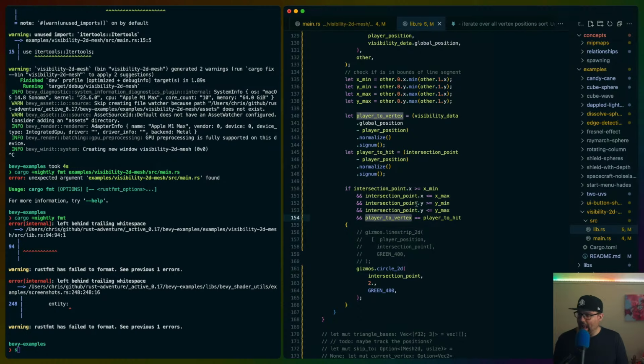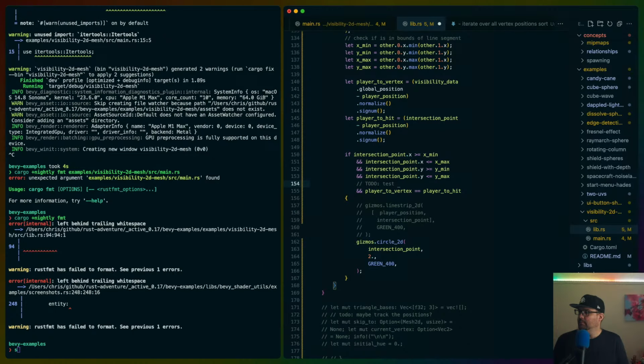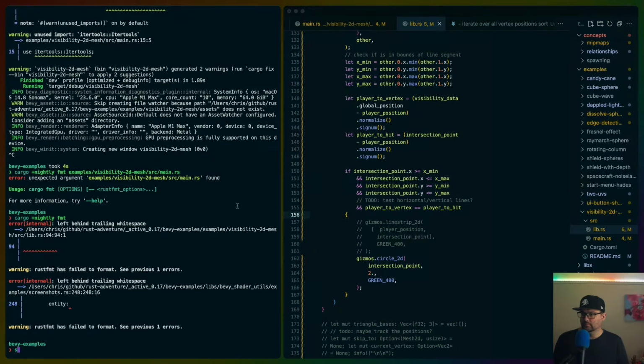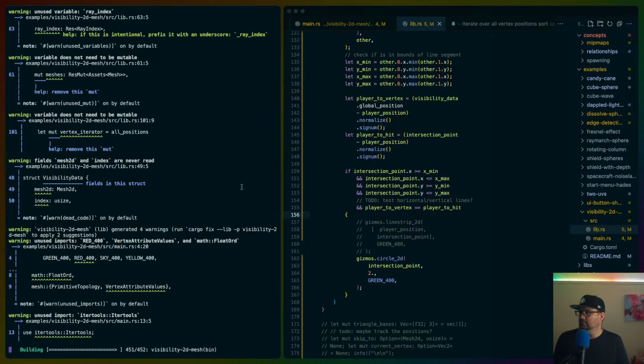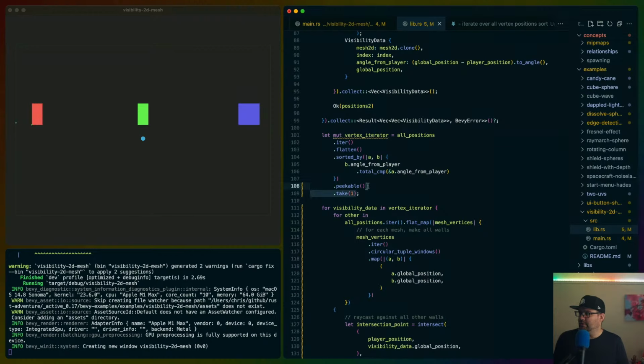Also, somewhat interested in what happens with this calculation if we're horizontal, if that's pathological or not, but we'll figure that out. I think it still works out because you still get a positive or a negative on either side. So these are our hits. And we can do this for more than just the one vertex.